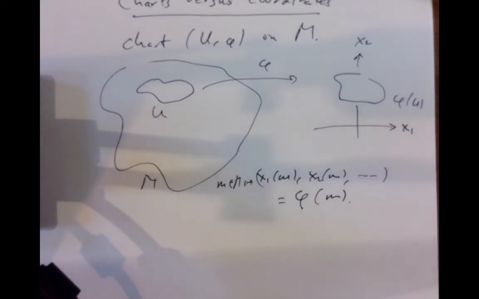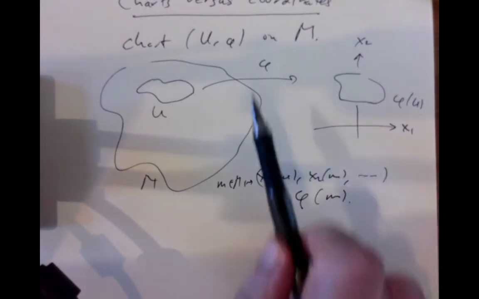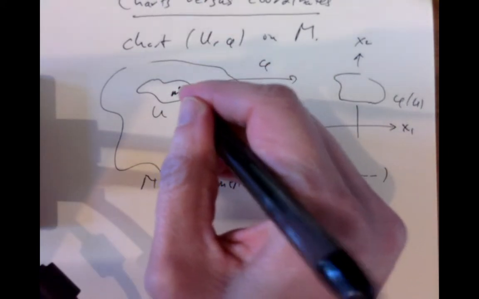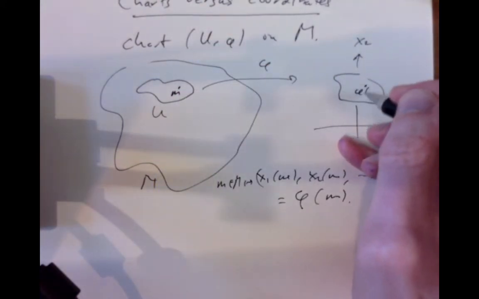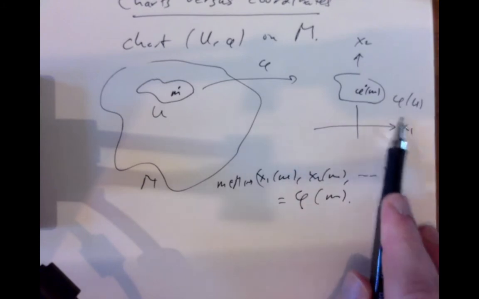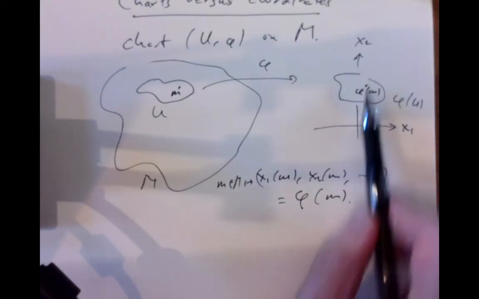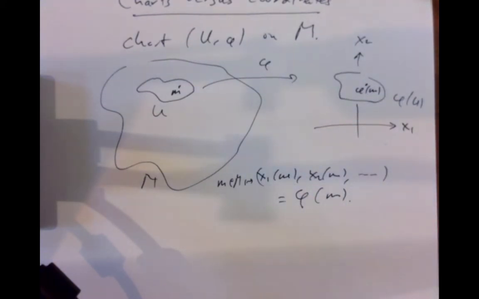So for each chart you write out the point that corresponds. You take a point M here, you take the corresponding point, which is phi of M under the chart, and you compute out its x1 coordinates, x2 coordinates, and so on. You just write them out. So phi of M is written out as x1 of M, x2 of M, and so on. Then those are actually functions, right?